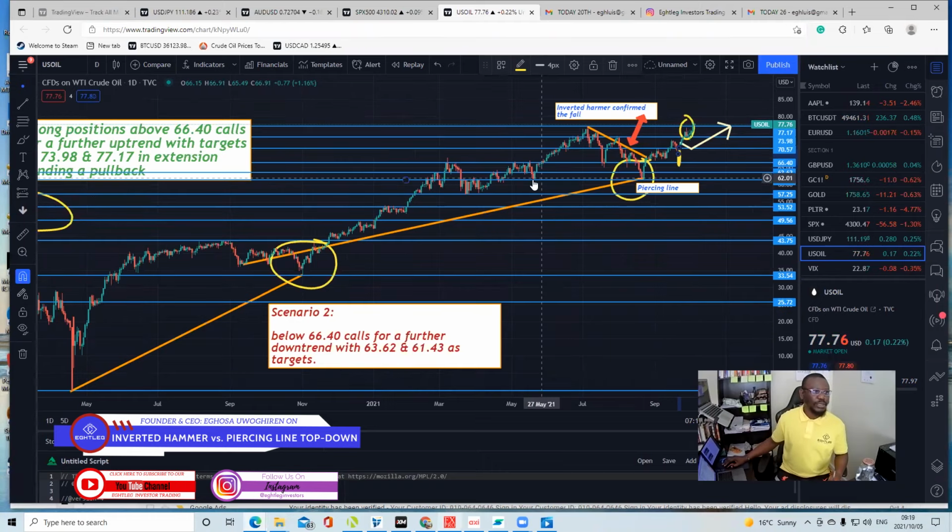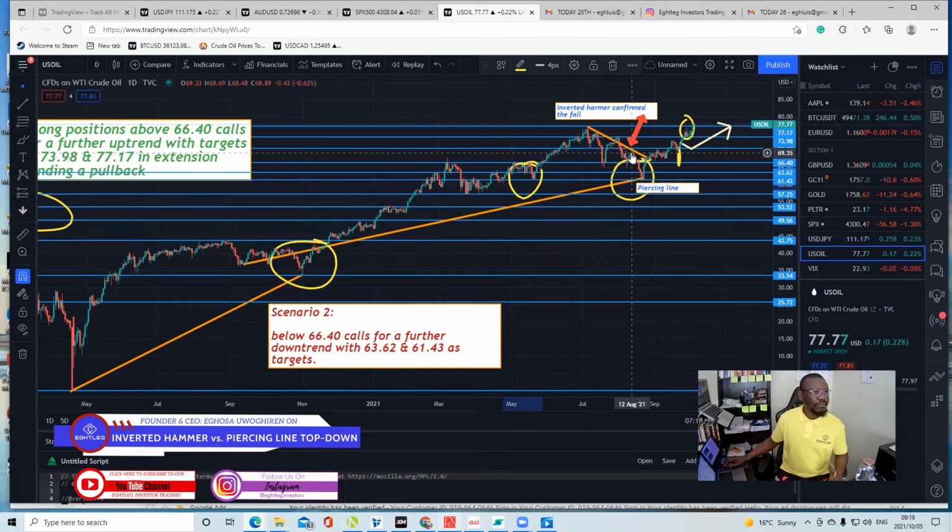If you see here, where my mouse cursor is now, there was a piercing line at this level in the past, at the support zone, and then we spotted a bullish trend, and then we saw a pullback continuation, and then a continuation downside. This one wanted to form a piercing line, but it was invalidated.